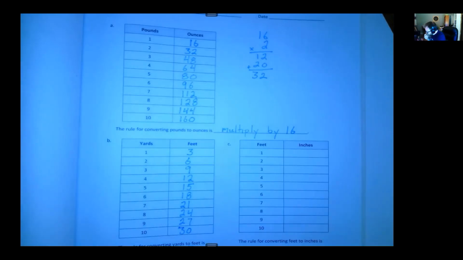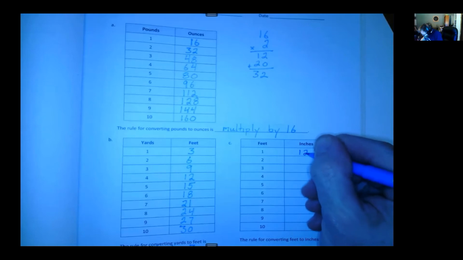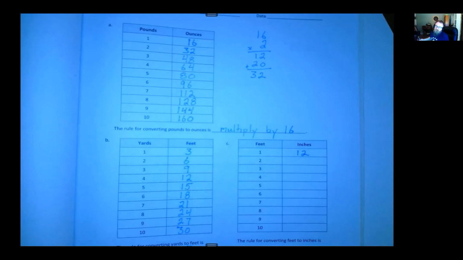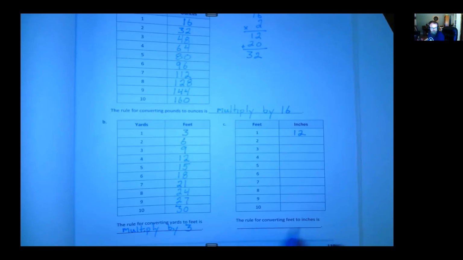Last, let's take a look at inches. Okay. In 1 foot, there are how many inches? In 1 foot, there are 12 inches. So the rule for converting feet to inches is to multiply by 12. 1 foot has 12 inches. Converting feet to inches, multiply by 12.